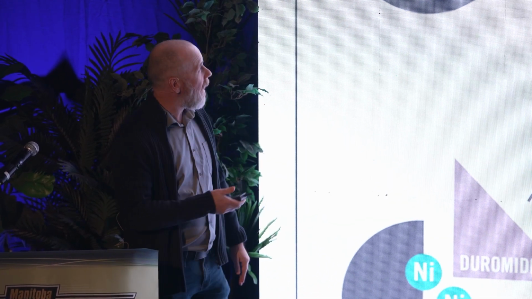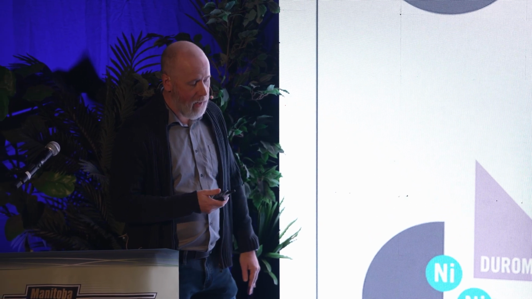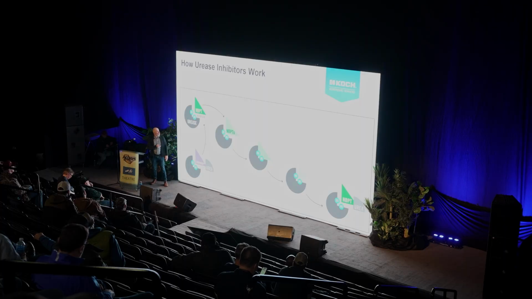So if we look at the urease inhibitors, this is how it works, and this gets used a lot when we talk about urease inhibitors: the little Pac-Man. What we're trying to do is the same thing that we do anytime we try to inhibit an enzyme: we want to block that enzyme from the availability. So if we look at the far end here, if we've got urea and NBPT, one of the urease inhibitors, they're competing for that active site on that enzyme.